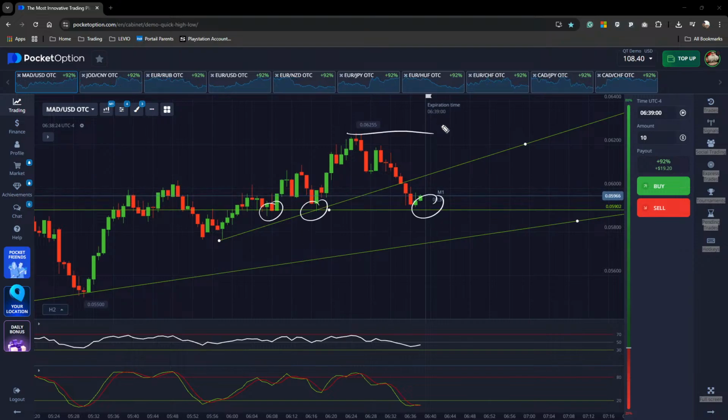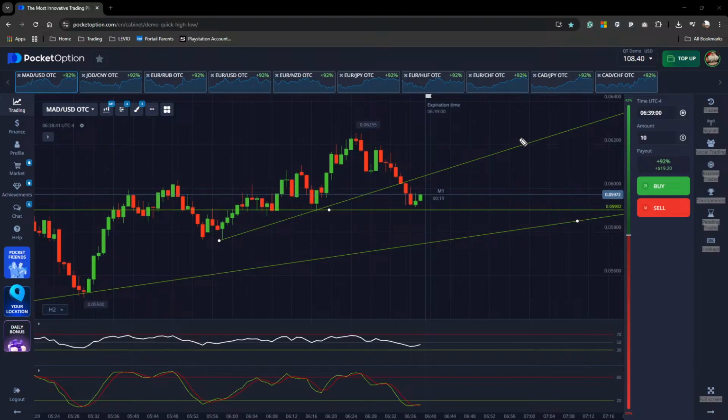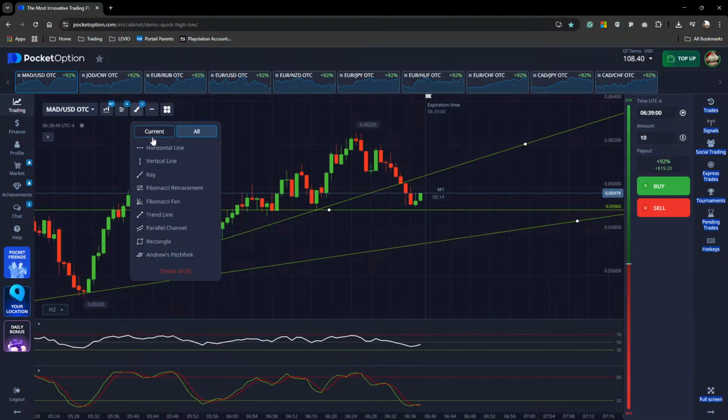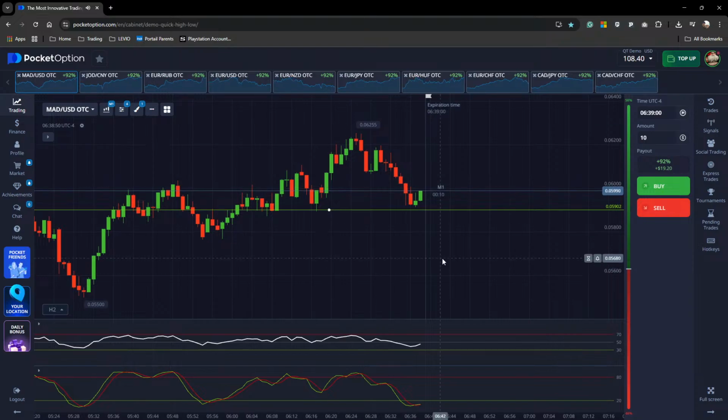We do have a higher high. We have a round number here. It is a minor uptrend as well. So this is good. And let's go from there.